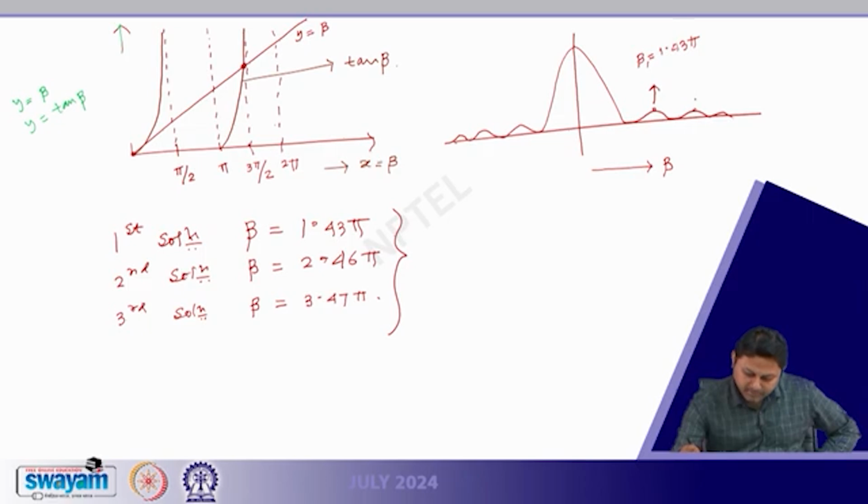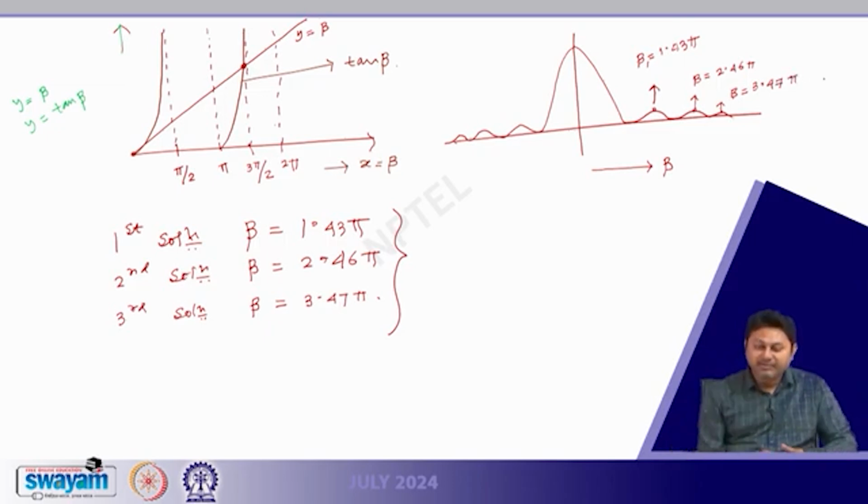This is my second, and the value of beta is 2.46 pi. This is my third one, and this value is beta equal to 3.47 pi, and so on. So these are the points where I calculate the values of beta.